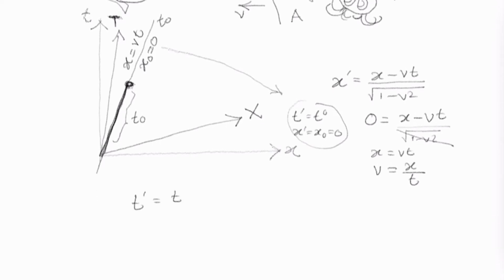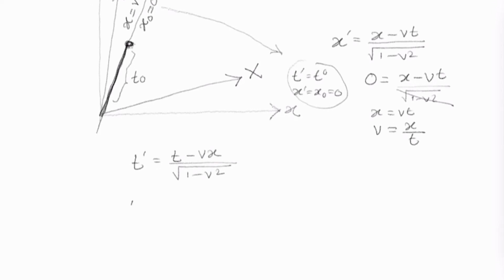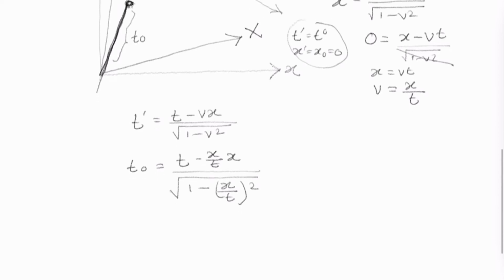T bar is t minus vx over square root of 1 minus v squared. So t bar becomes t naught. T naught equals t minus v times x, where v is x over t, divided by square root of 1 minus v squared, where v squared is x over t squared.